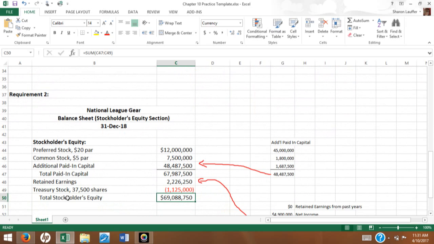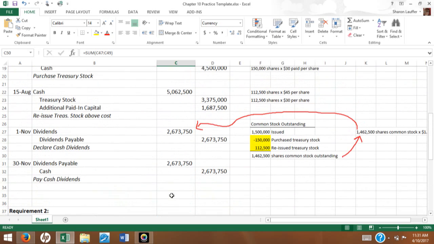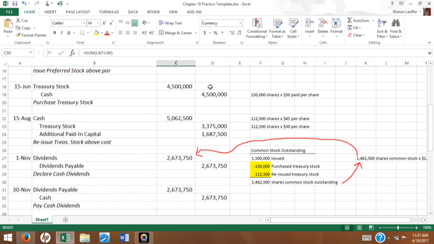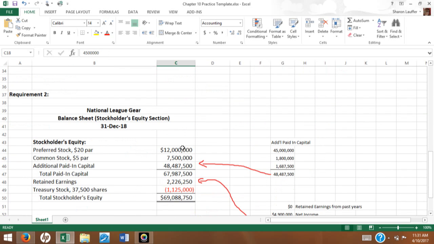That treasury stock account carries a debit balance because up here we had a debit there, which put that balance in treasury stock, and then we reduced it by this much, but we're still left with a debit balance. So that debit balance is going to offset those credit balances from our preferred stock, our common stock, and our additional paid-in capital, and that's why it's subtracted out here.